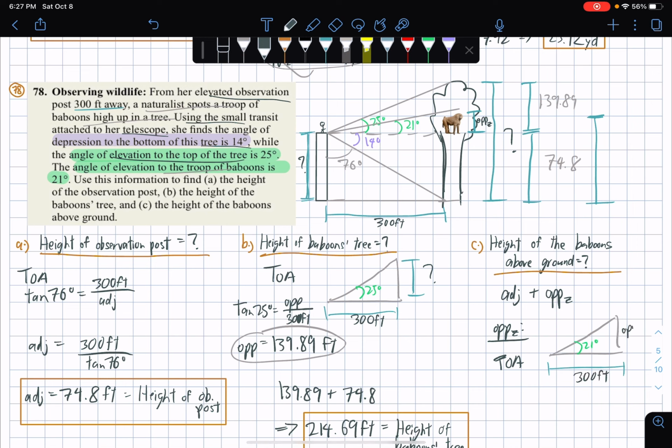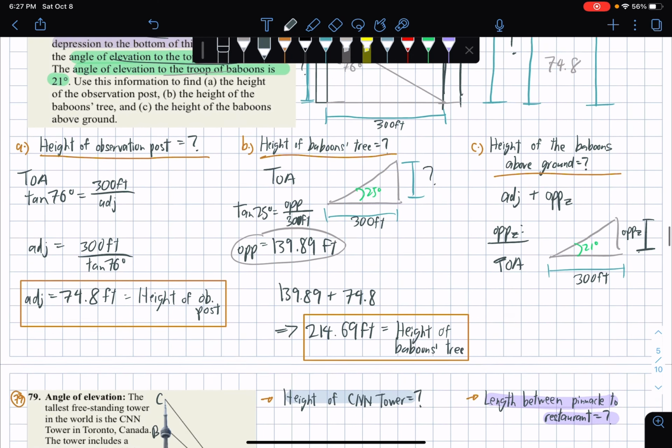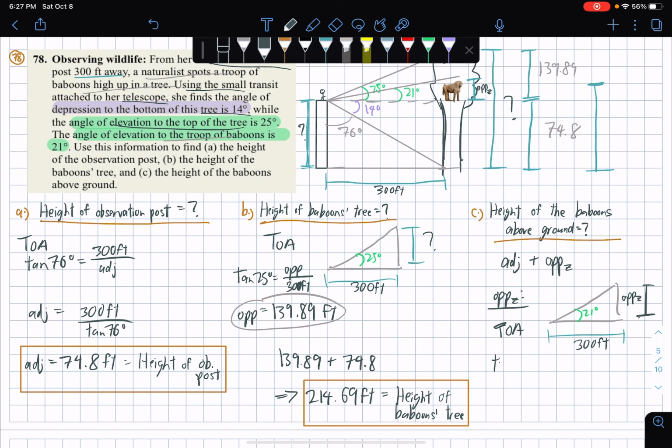And this is opposite sub Z. This is the distance over there. So tangent 21 degrees is equal to the opposite side over 300 feet. Basically 74.8 feet, which presents itself as the adjacent.